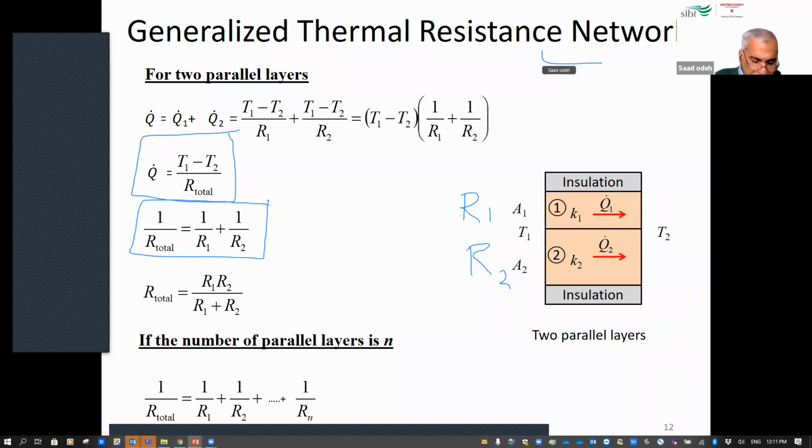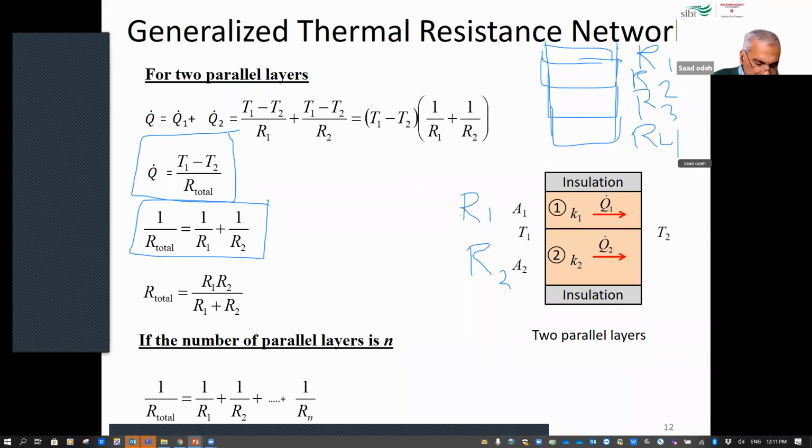So let's say if this is 1, and then after that another layer, and then another layer, and then another layer. So you take the R of each layer, R1, R2, R3, and so on, R4. When you add them together, 1 over R total is equal to 1 over R1 plus 1 over R2 plus 1 over R3 plus 1 over R4.